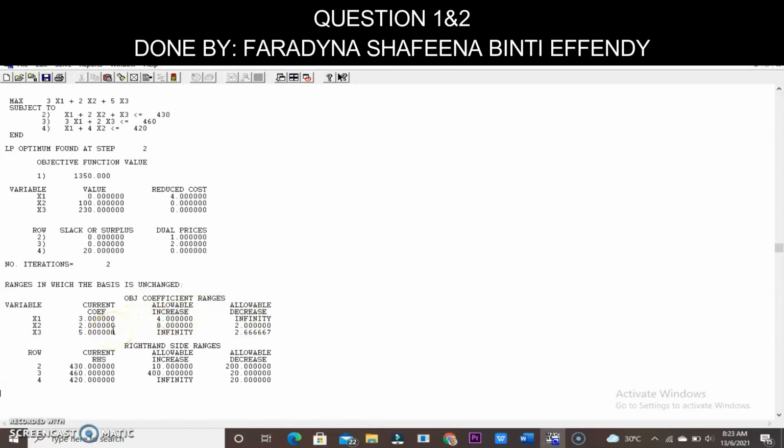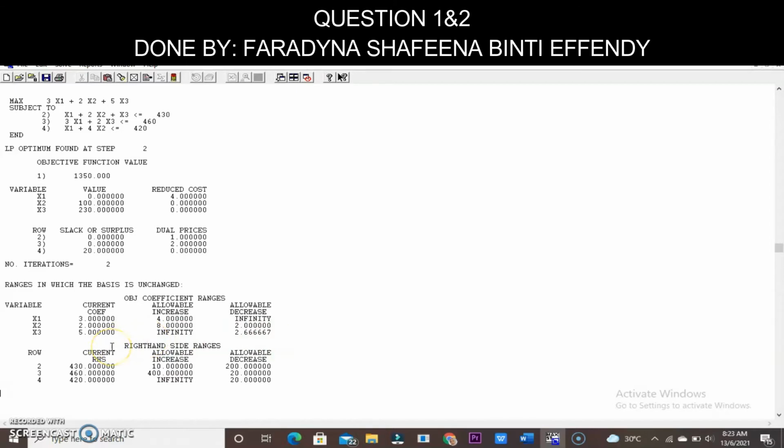For bubblegum, the current coefficient is 2, and the range is from -2 to 8. And the last one is jelly beans, with a current coefficient of 5. The optimality range is from negative 2.67 until infinity.